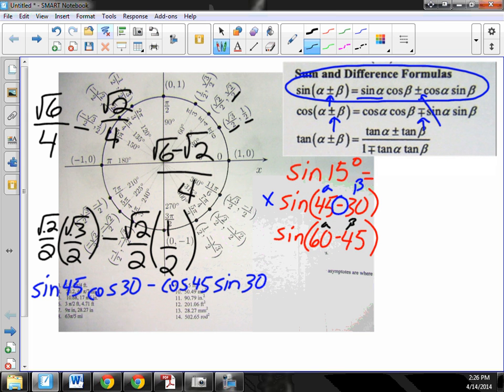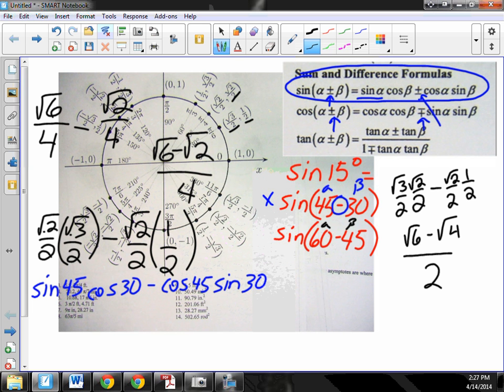So sine of 60 is root 3 over 2. Cosine of 45 is root 2 over 2. And then I'm going to subtract the cosine of 60, sine of 45. I'll get this right. You just wait. 1/2.